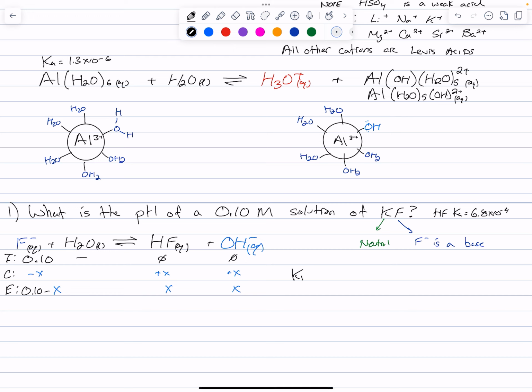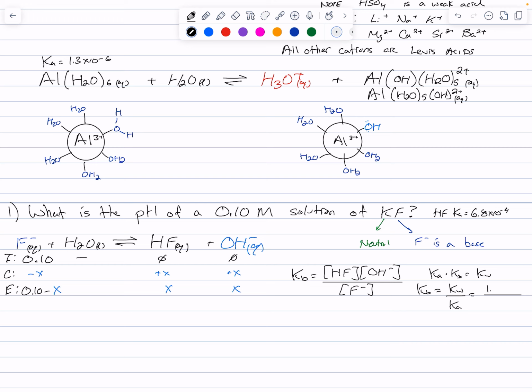Your Kb expression: HF, hydroxide, all over fluoride. So Kb, remember Ka times Kb is Kw, right? So that means Kb is Kw over Ka.